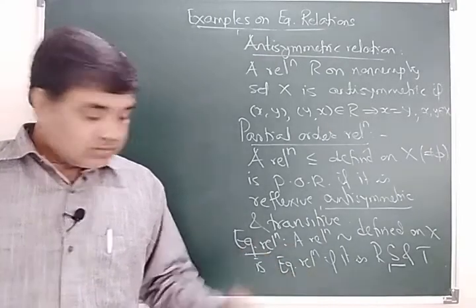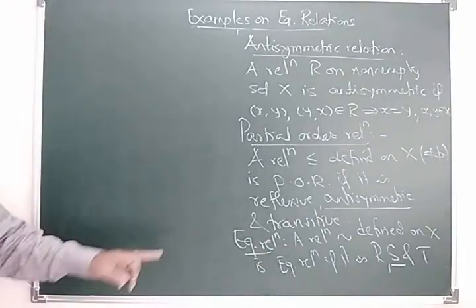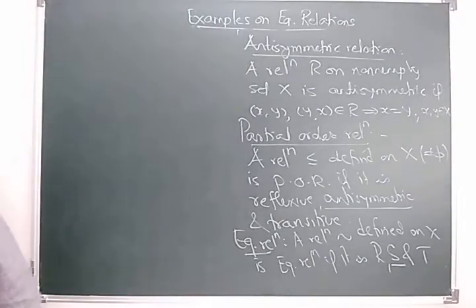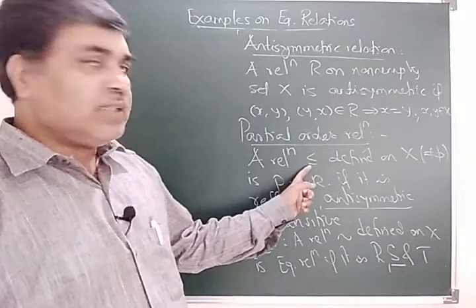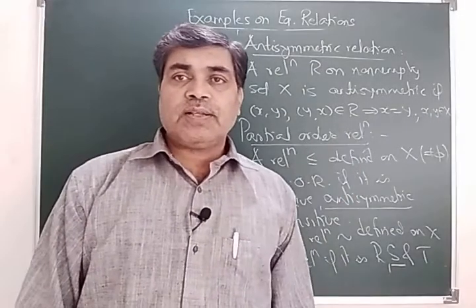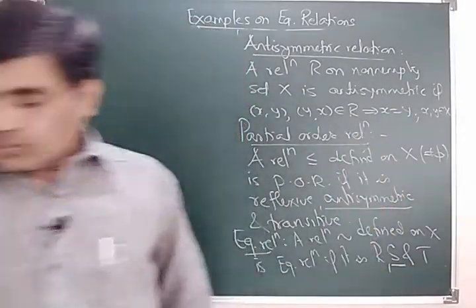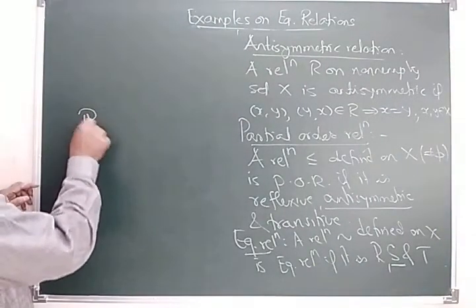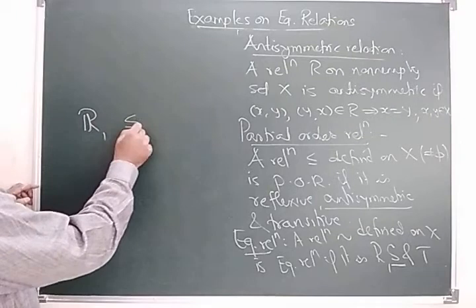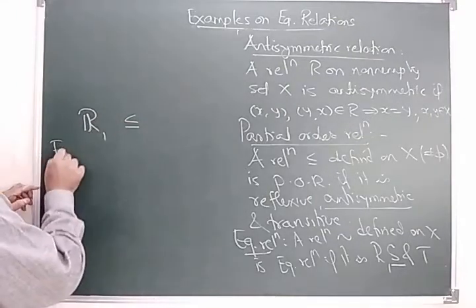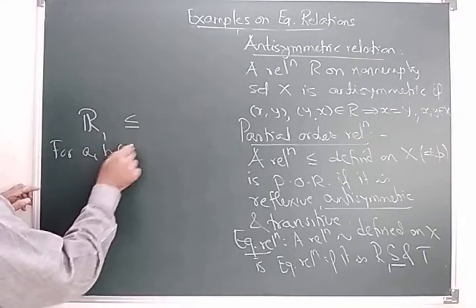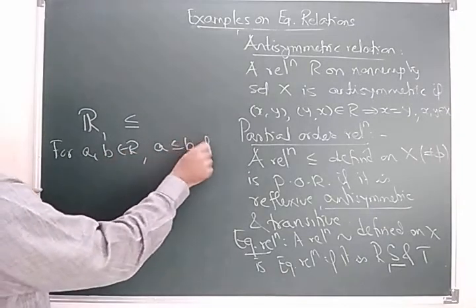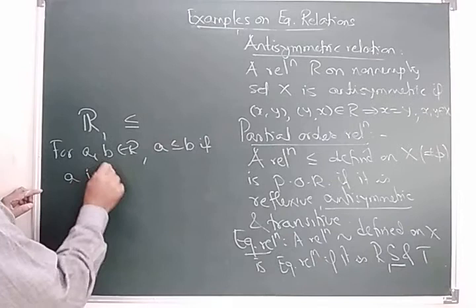Now we have to distinguish these two relations, partial order relation and equivalence relation. Here I am using the less equal symbol for partial order relation. On the set of real numbers, take the less equal relation.